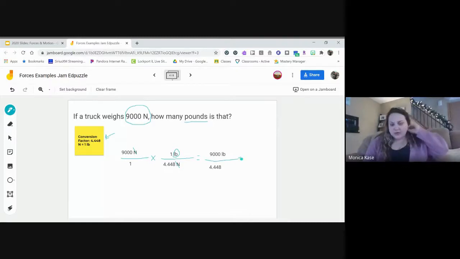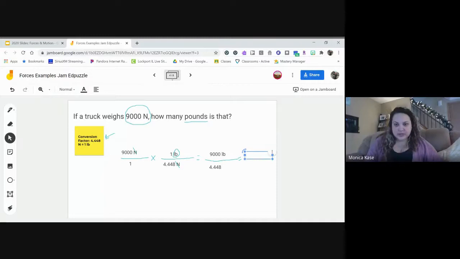All right, and now we need to do some math. 9,000 divided by 4.448, and you should get 2,023.38 pounds. All right, and making sure you circle that answer will help us identify where your work is at and where your answer is, how you got there.